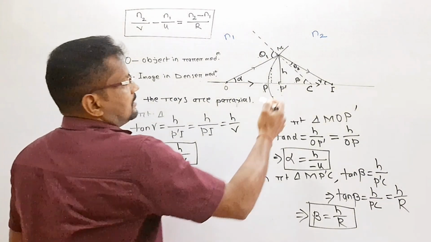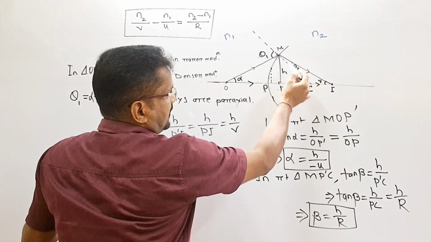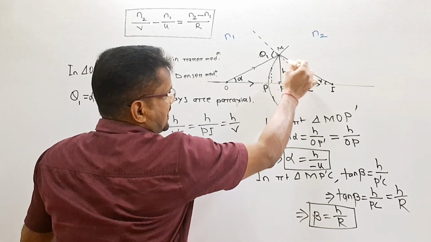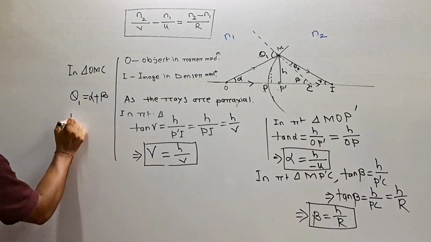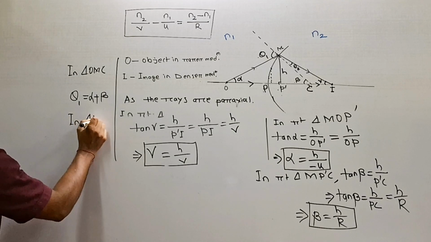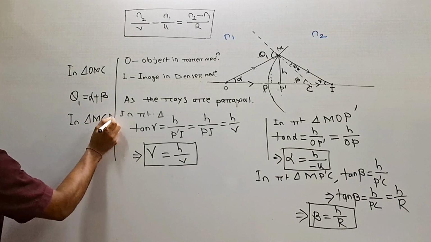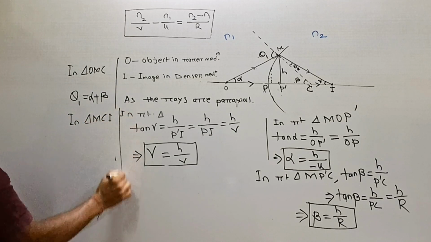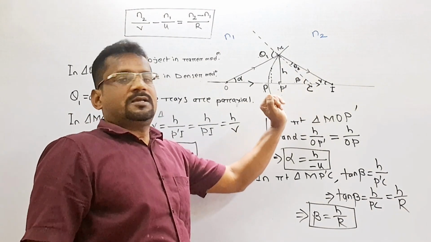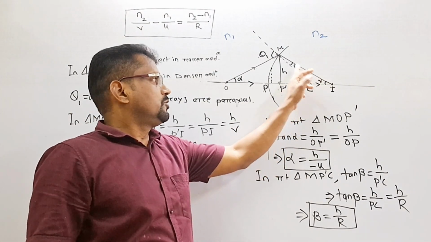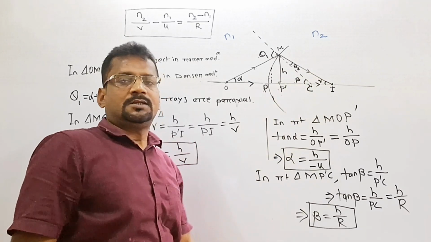Next, here you see in this triangle MCI. So again in triangle MCI, what you will get, beta is your exterior angle, remote interior angles gamma and theta 2.